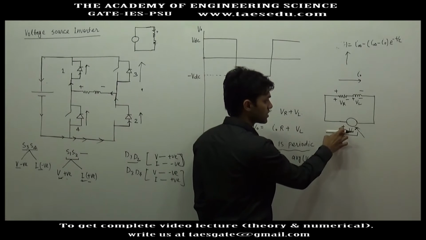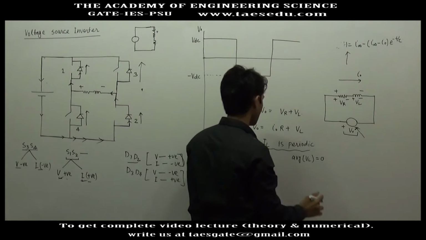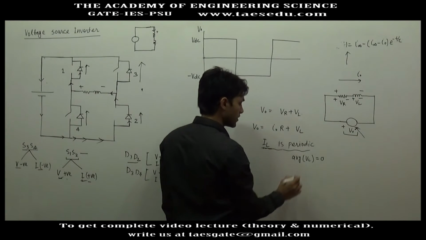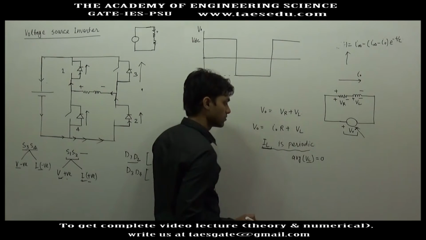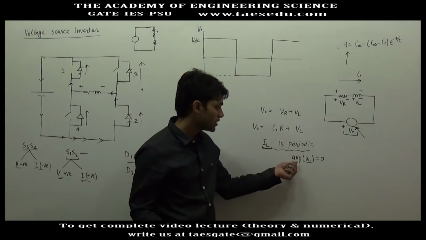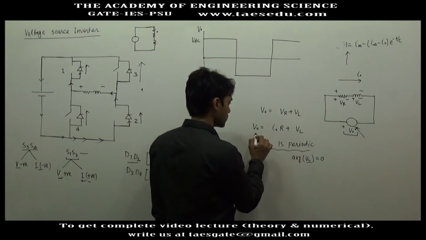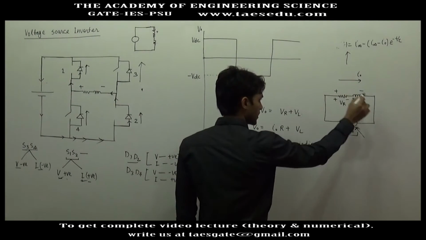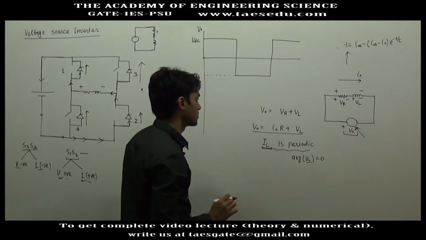Since input voltage is periodic, everything in the circuit will be periodic, hence IL will be periodic. And if IL is periodic, the average value, not the instantaneous value, of inductor voltage will be 0. Now if you apply KVL here, V naught equals I naught R plus VL.